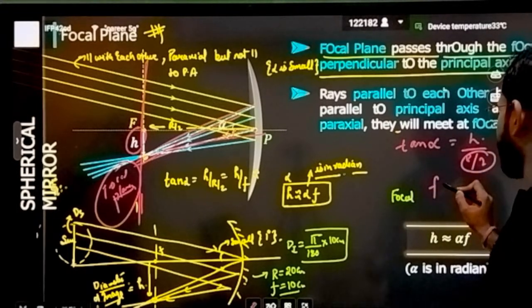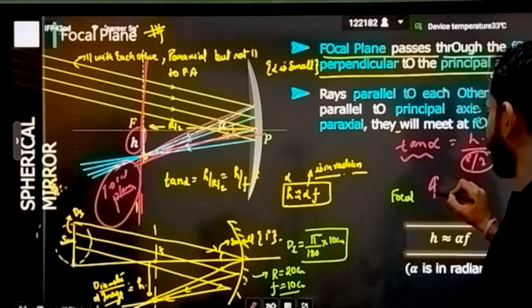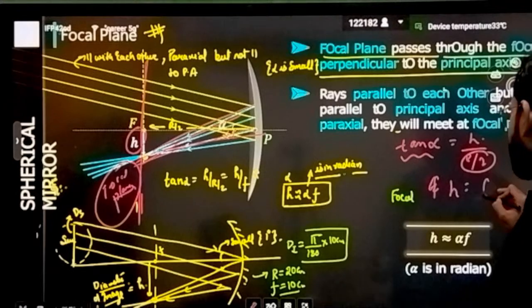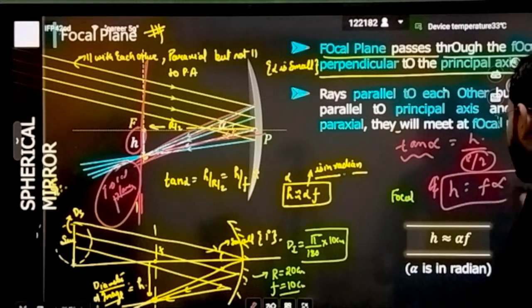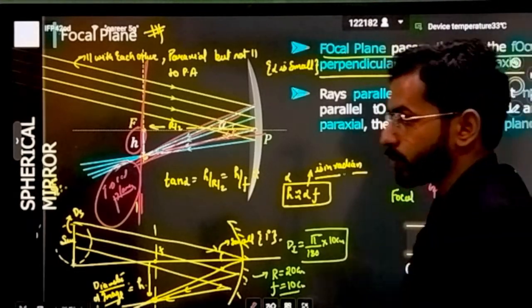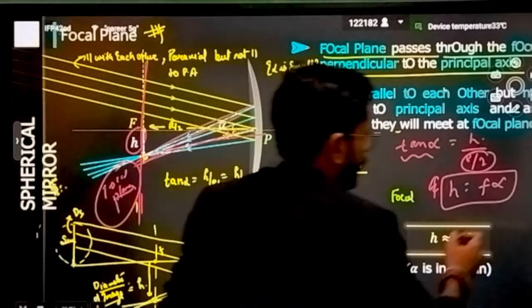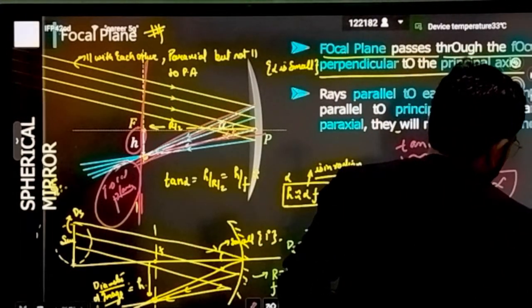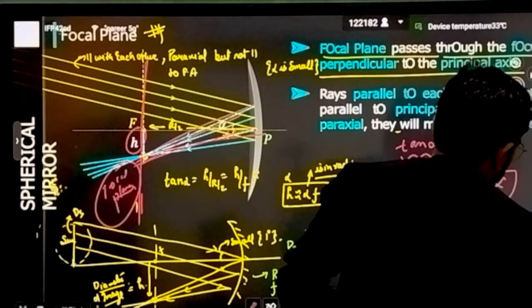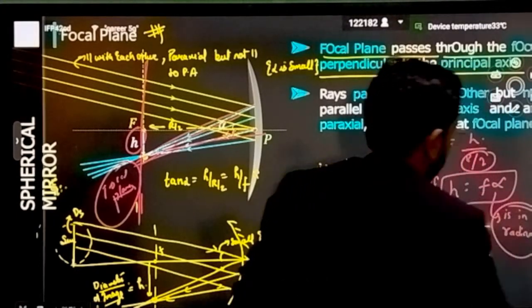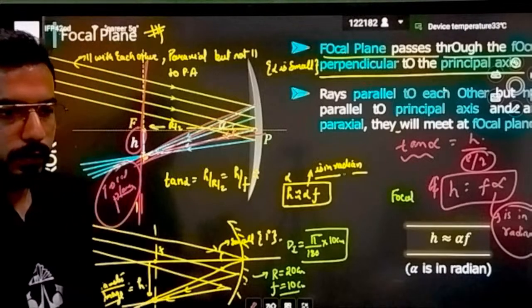And since this alpha is very small, h can be written as focus into alpha. One very important point: this alpha is in radians. This is the way you will be solving this.